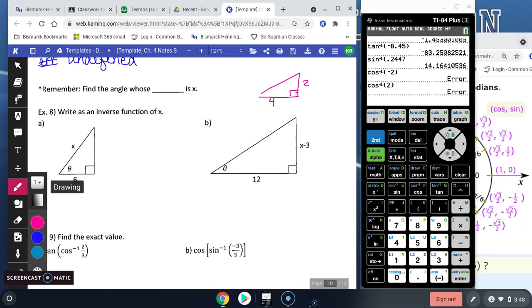Well, you would set up a trig equation. So 2 is your opposite side, and this is your adjacent side. Opposite and adjacent is tangent. So tangent of theta is 2/4. And if I want to find that angle measure, I'm going to do the inverse tangent of 2/4, and that will tell me the value of theta.